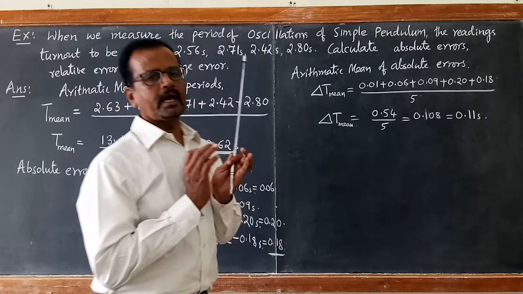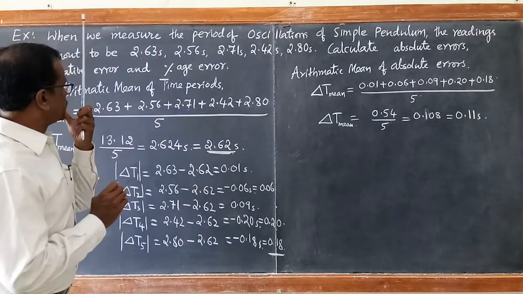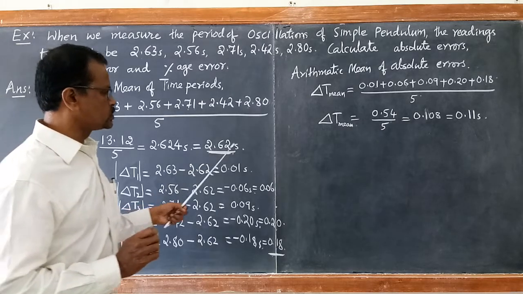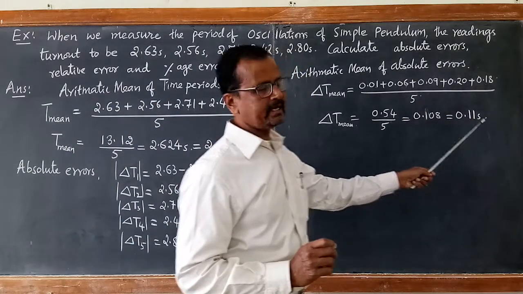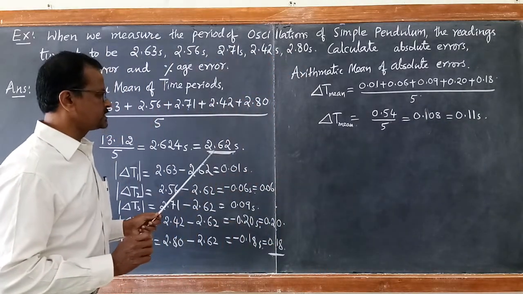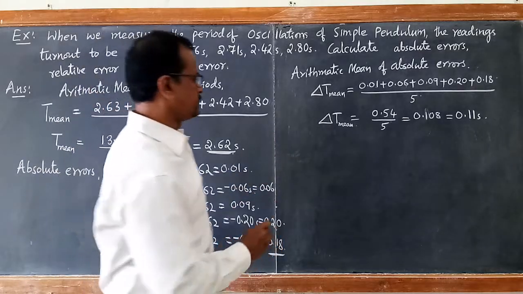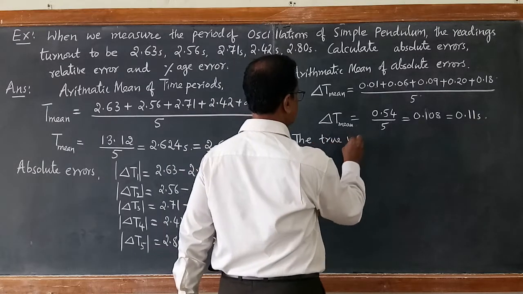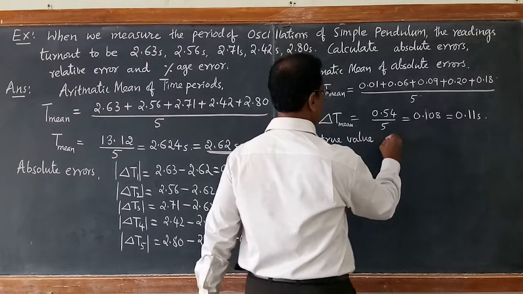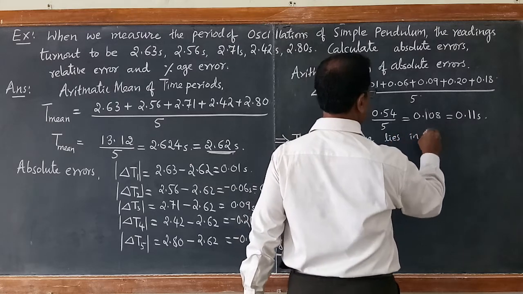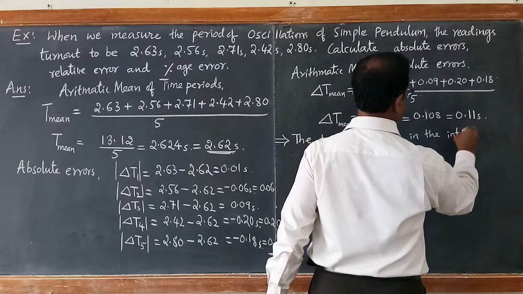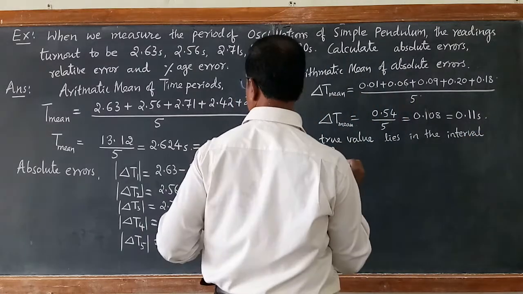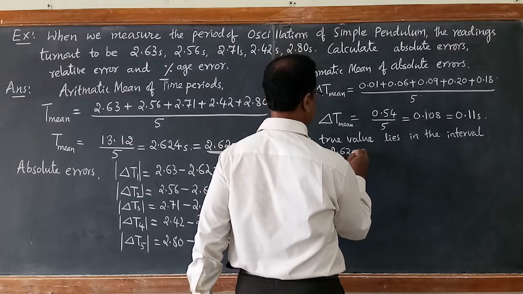Now you get the idea that the true value lies in between the interval 2.62 minus 0.11 second and 2.62 plus 0.11 second. 2.62 is the arithmetic mean of time periods.